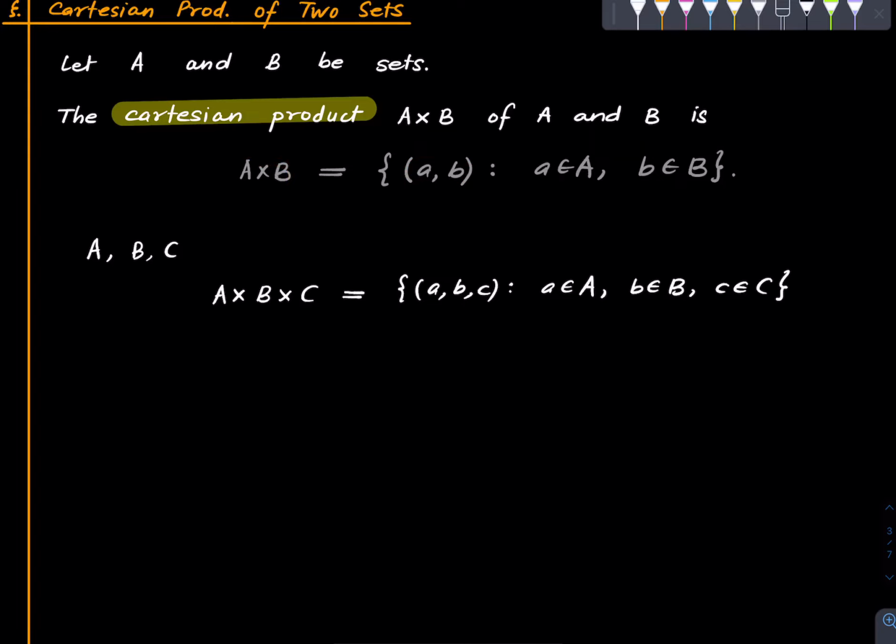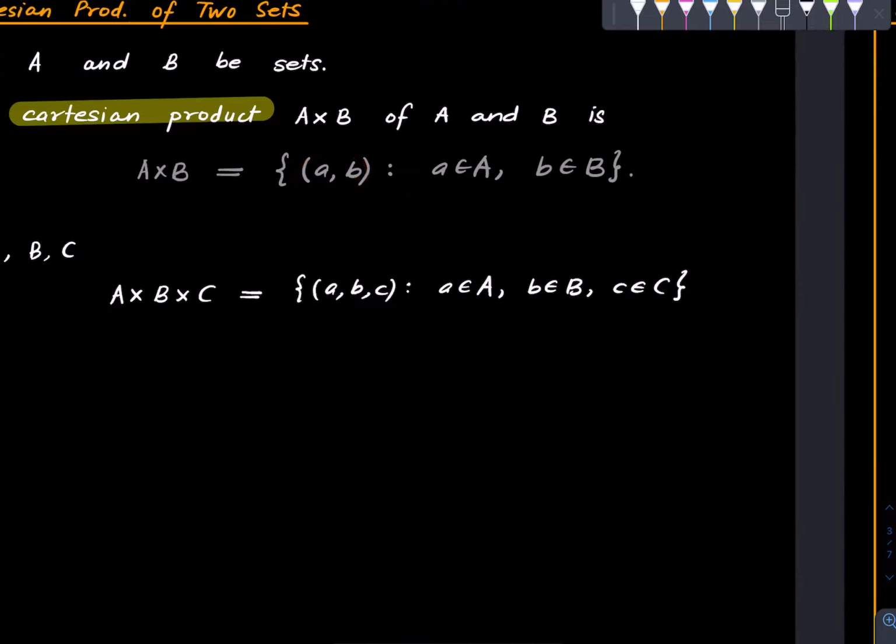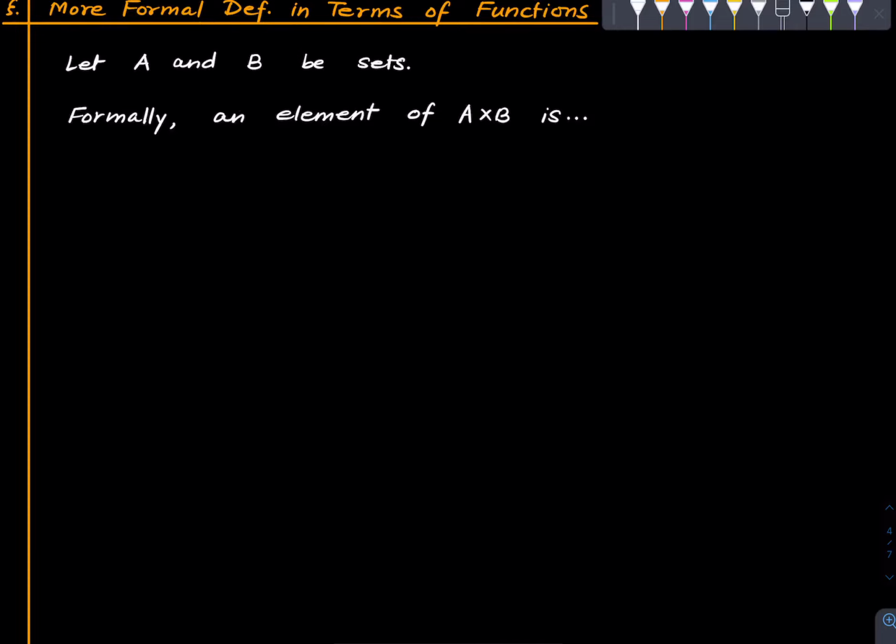Okay, but one may complain that what is this new thing that we have introduced? We have not looked at ordered pairs before, and it seems like we just invented this new word, and ideally we should be able to define everything in terms of sets and functions, but here we seem to be invoking some other new concept. Formally, one can actually express this in terms of functions. So here is a formal way of looking at elements of a Cartesian product.